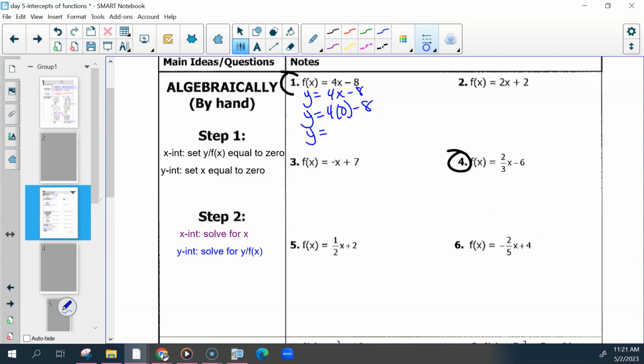What will your y value become? Not -4, -8. So how would we write that as an ordered pair?